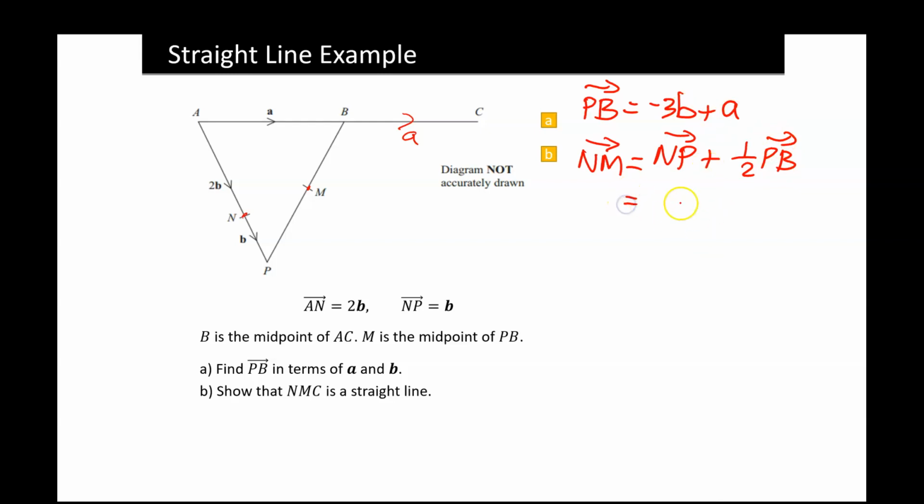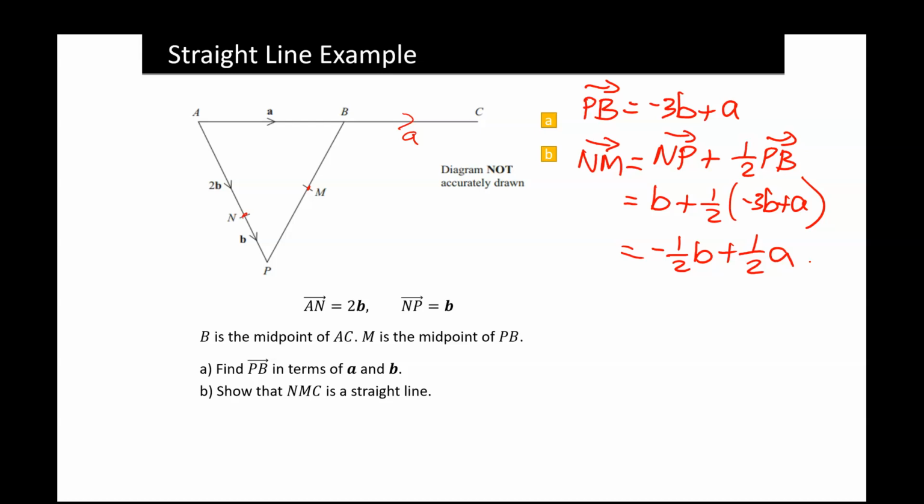So NP is B plus a half minus 3B plus A. Have a little tidy up and we should end up with minus a half B plus a half A.